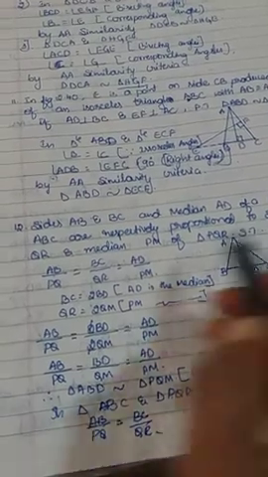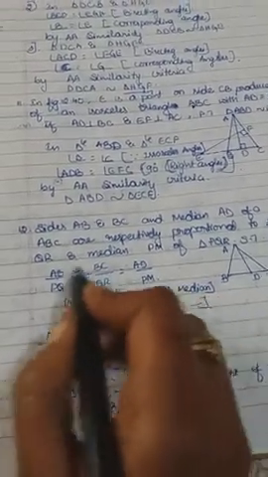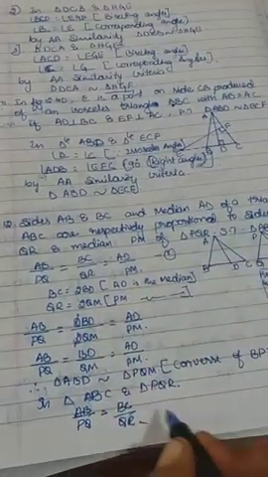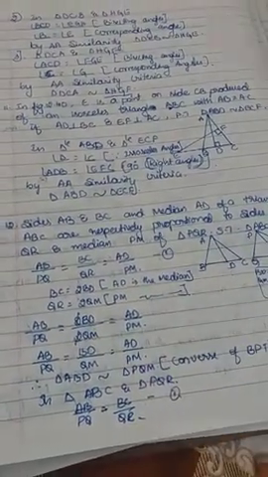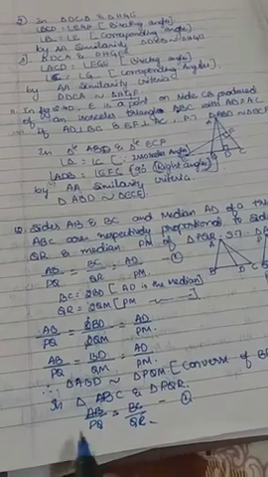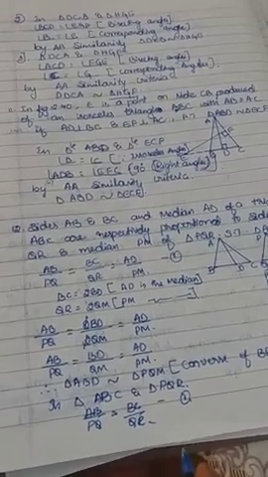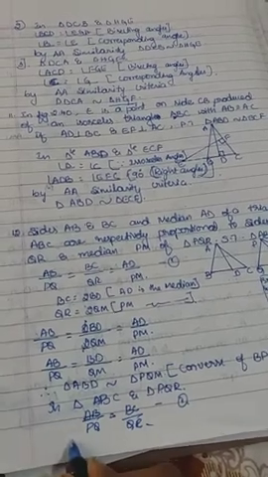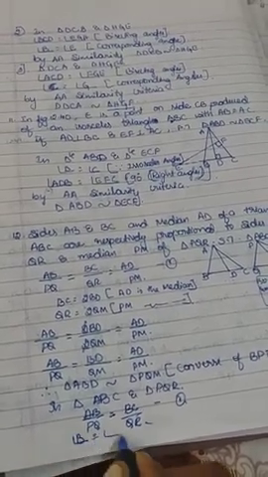From where is it? From equation 1. Here it is already proved. So from equation 1 we can write AB divided by PQ equal to BC divided by QR, and angle B equal to angle Q we can take.